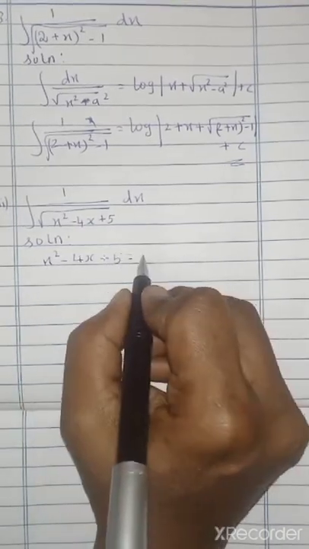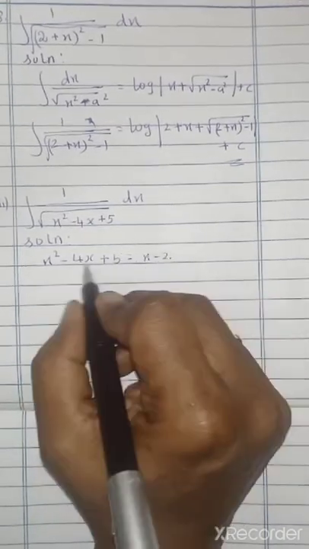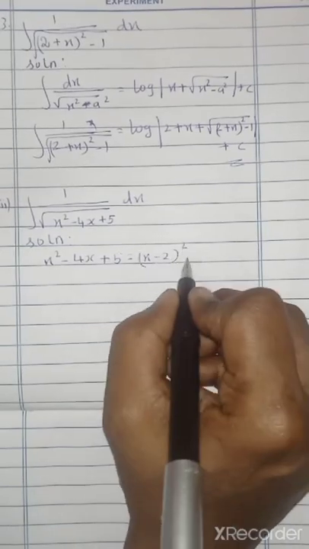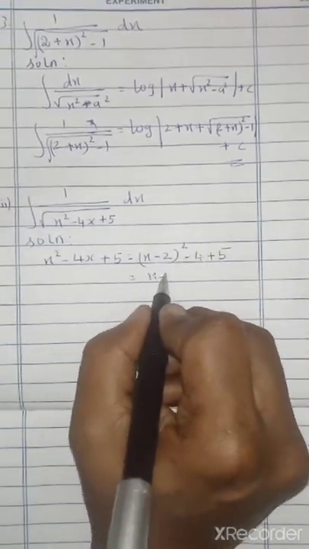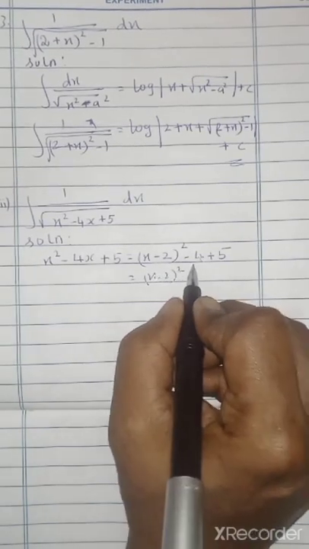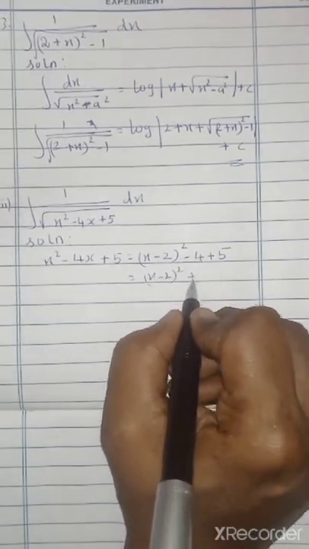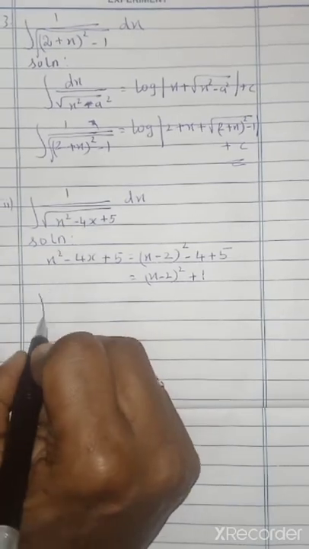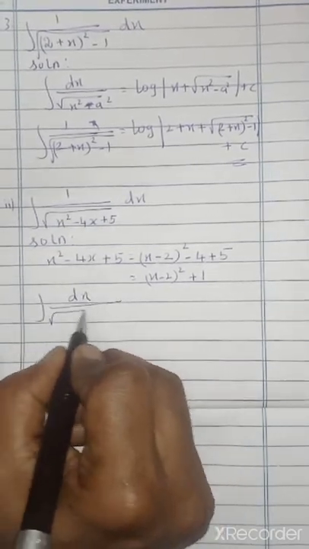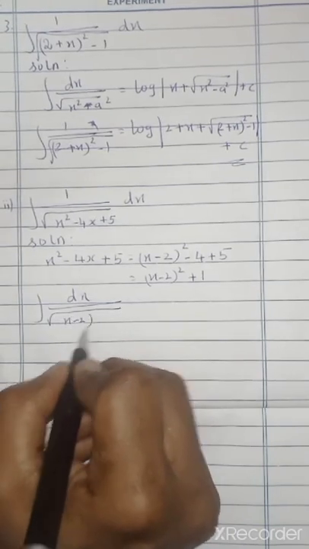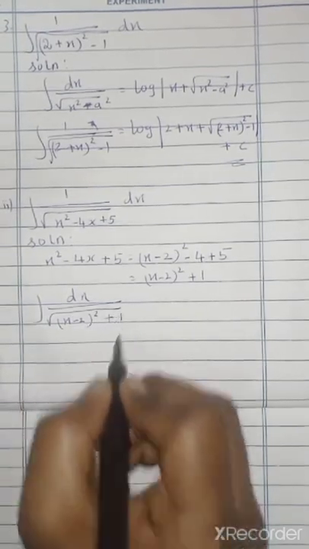So how can we write this one? x minus 2 the whole square minus 4 plus 5, that is x minus 2 the whole square minus 4 plus 5 is 1. So we can write the question as integral dx by square root of x minus 2 the whole square plus 1.